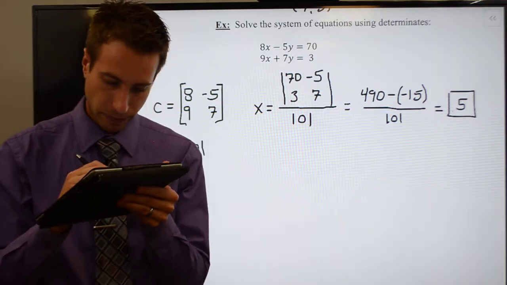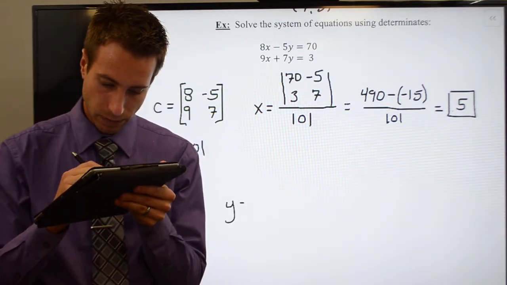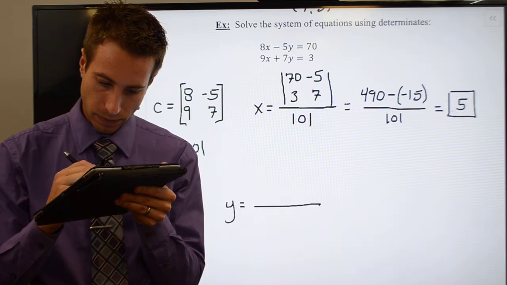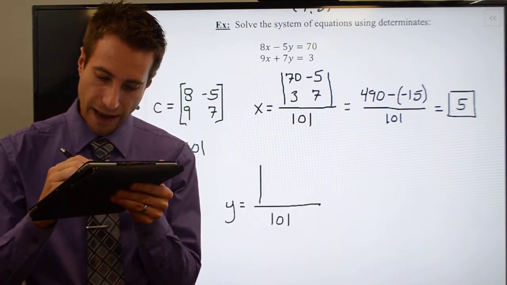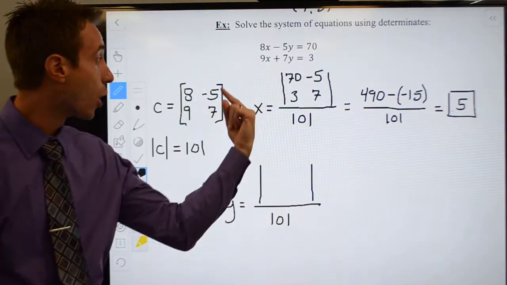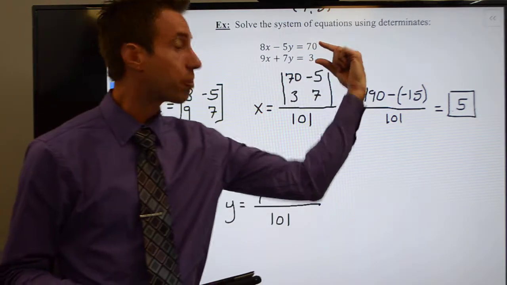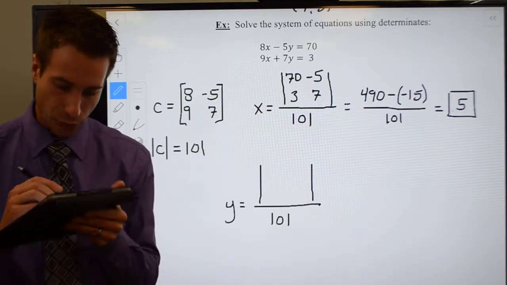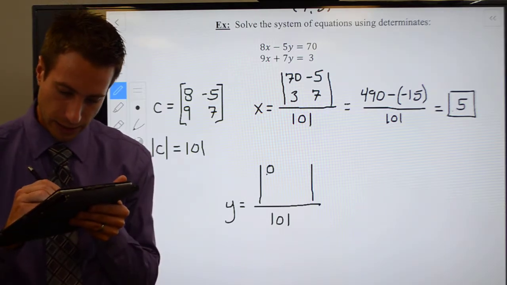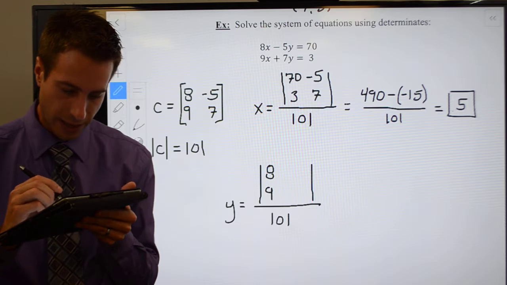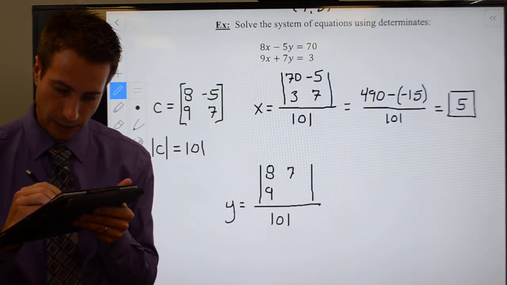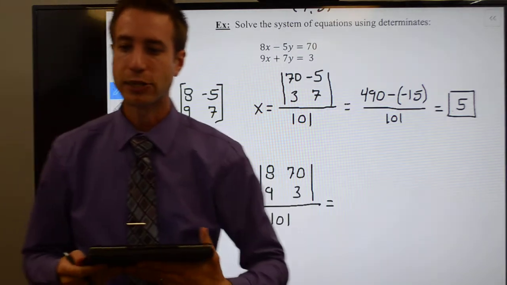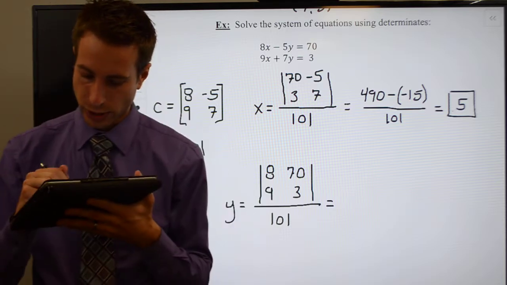Y. Since I'm solving for y, I need to leave out the coefficients that go with y, so the -5 and the 7, replace them with the 70 and 3. But I keep the x's, so 8 and 9, the coefficients in front of the x, and replace the y coefficients with my constants, 70 and 3. Again, it's a 2 by 2 square matrix. 8 times 3 is 24.